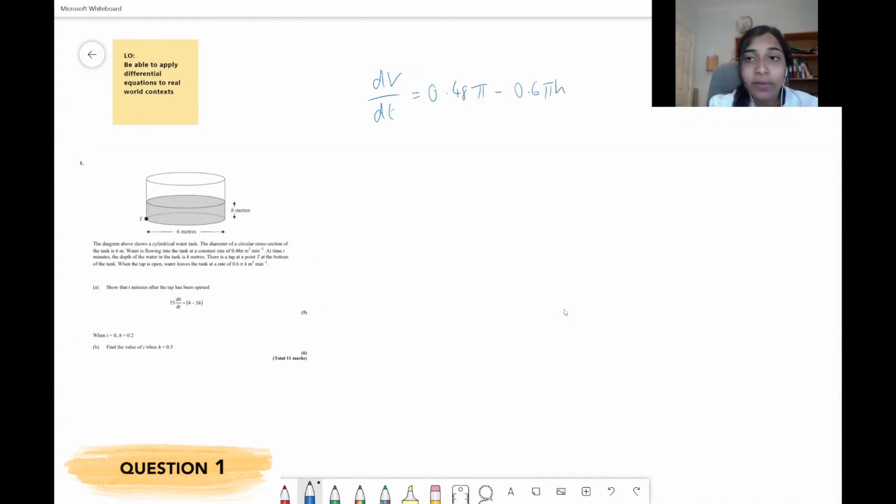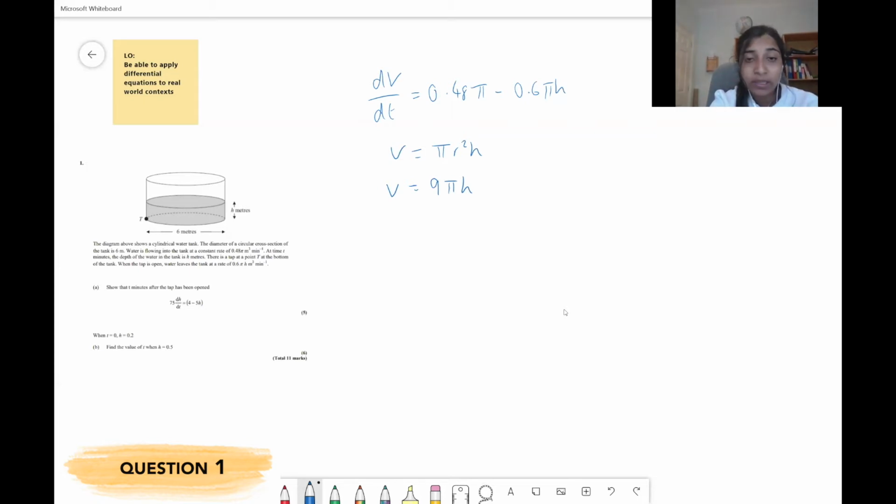We also know that the volume is pi r squared h. Our diameter is 6, so our radius is 3. So the volume is 3 squared, which is 9 pi h.